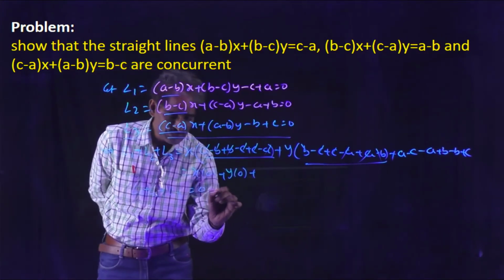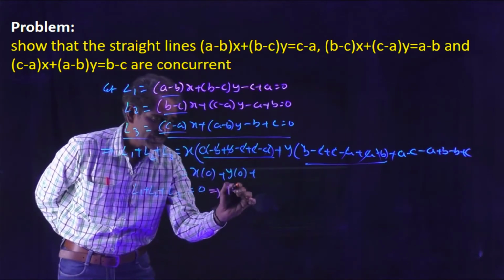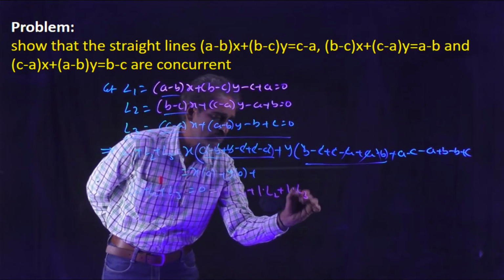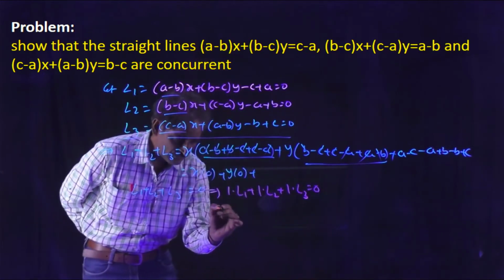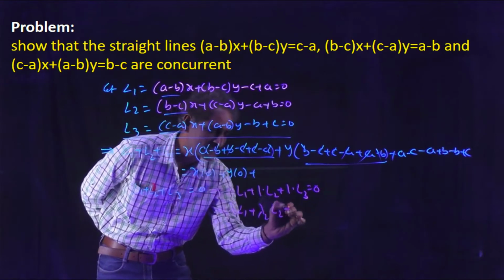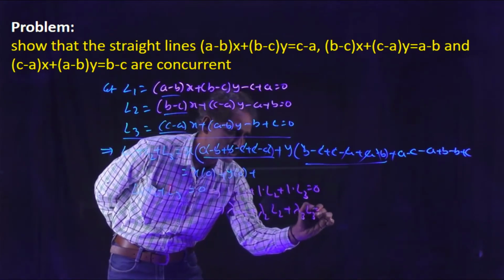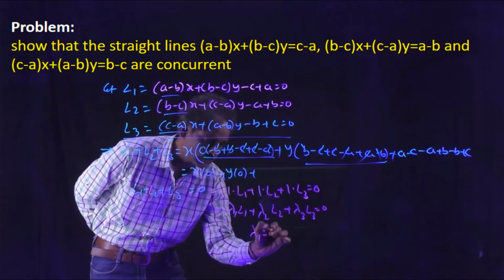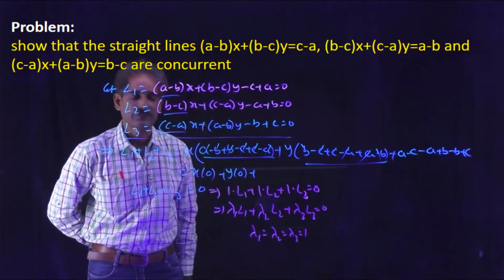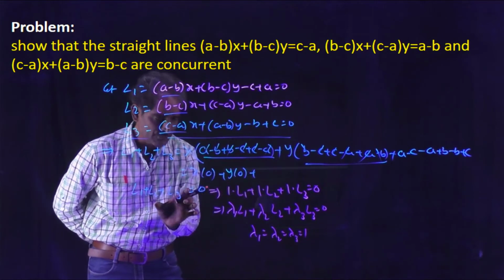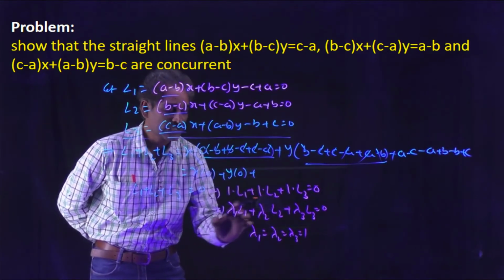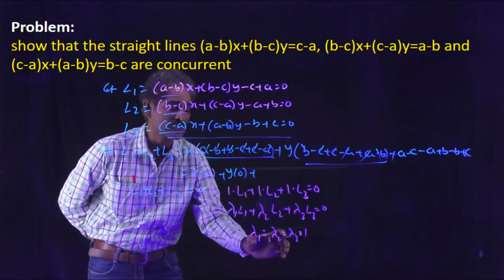Now this implies it is in the form of 1 into L1 plus 1 into L2 plus 1 into L3 equal to 0. Now it is in the form of lambda 1 L1 plus lambda 2 L2 plus lambda 3 L3 equal to 0. Here lambda 1 equals lambda 2 equals lambda 3 equals non-zero 1. Lambda 1, lambda 2, lambda 3 are non-zero.